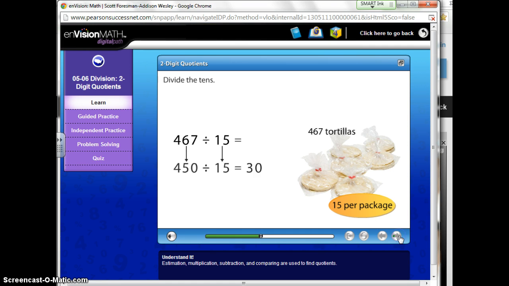So our answer will be about there. Now let's actually try this. How many 15s go into 4? 0. None. How many 15s go into 46? 3. Okay. 3 times 15 is 45. When you subtract, you would get 1. Bring down the 7.